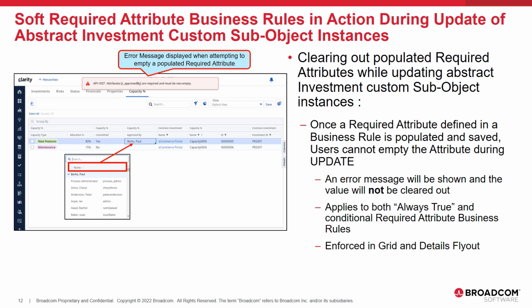If they try to, they're going to get an error message saying that they're not allowed to empty out a required attribute. And this will be enforced for sub-object data in both the details flyout and in the grid.